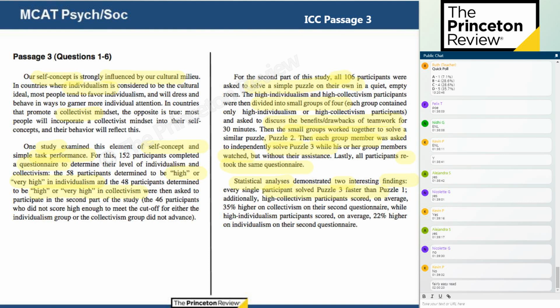Participants solved 3 faster than 1. And everybody scored higher on their second questionnaire.